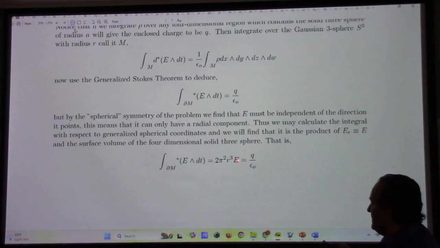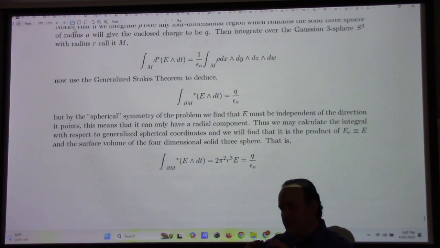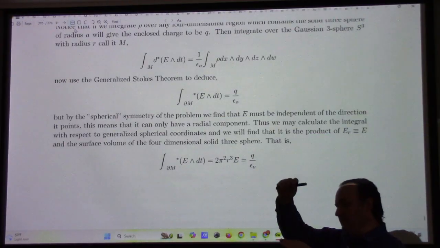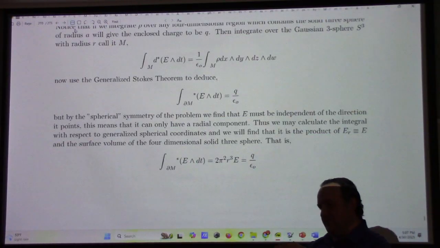Which then, if we solve for this, we get the electric field as q over 2 pi squared r cubed epsilon naught. In other words, if we have an electric field which spreads out in 4 spatial dimensions rather than 3, it drops off as the cube of the distance from the charge rather than the square. This is actually not surprising. If you had physics 2, the line charge is essentially the 2-dimensional situation.